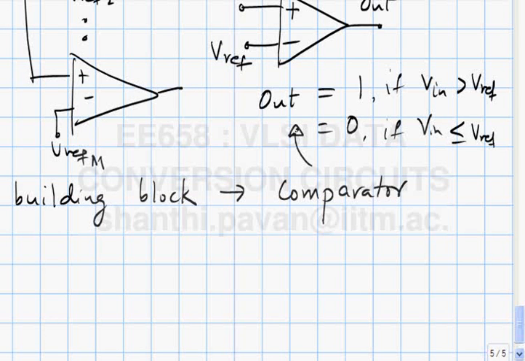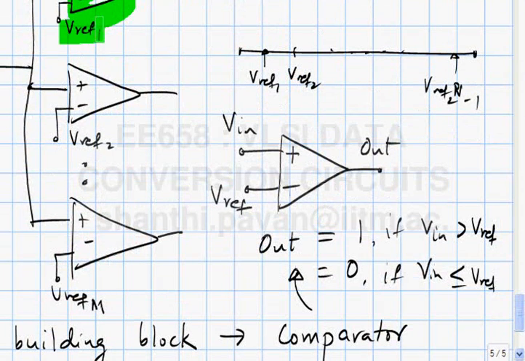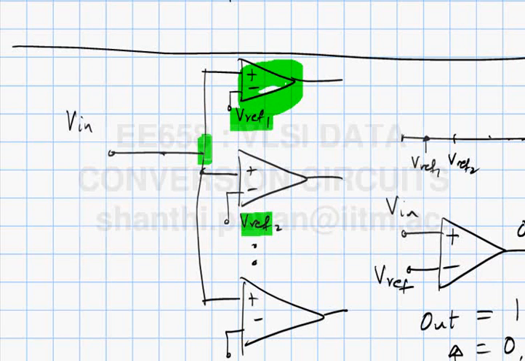So, if I had a black box which is capable of giving me a logical 1 if Vin is greater than Vref, and a logical 0 if Vin is less than Vref, then I can take many of such black boxes and connect them up to different references, Vref 1, Vref 2, and so on, all the way up to the last reference, and to their positive terminals I connect Vin.